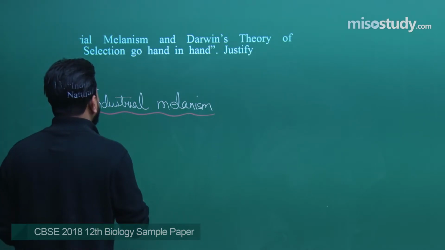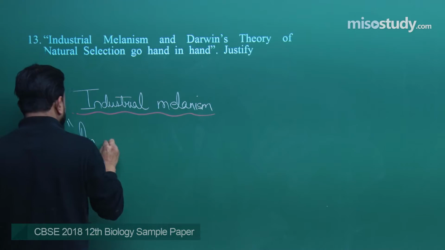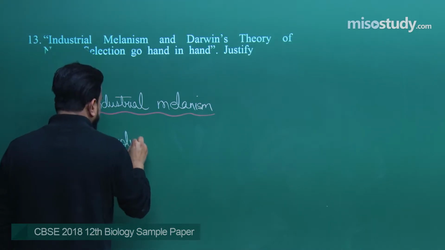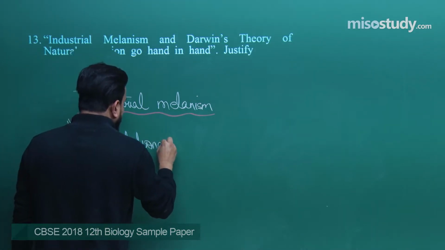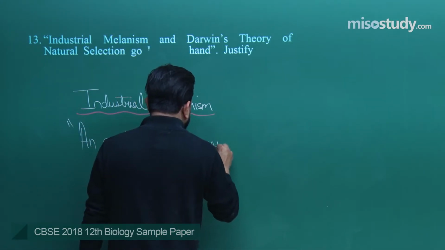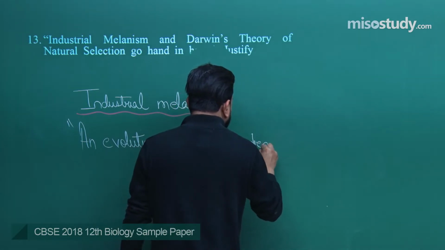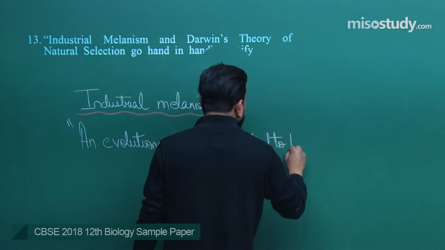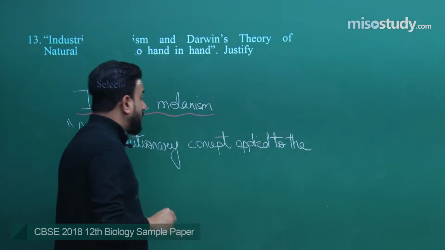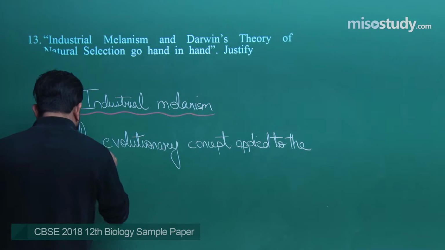So we can write this as: industrial melanism is an evolutionary concept which is applied to the arthropods.